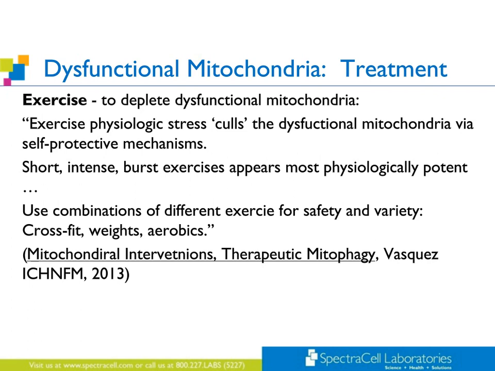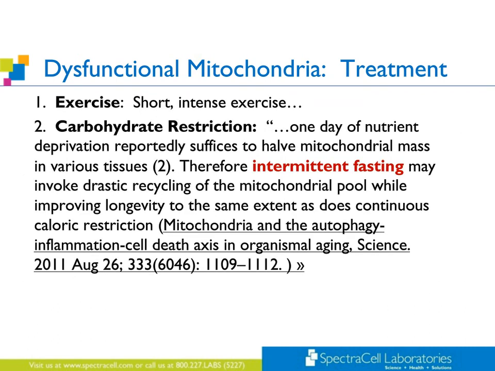Doing a variety of exercises with short, intense bursts of activity will help mitigate and decrease dysfunctional mitochondria more quickly than doing a 2-hour run, for example.